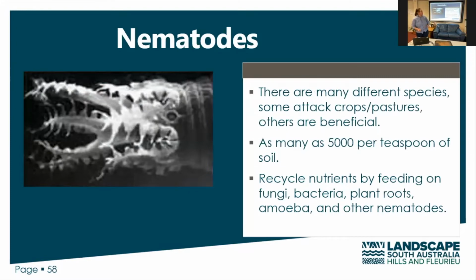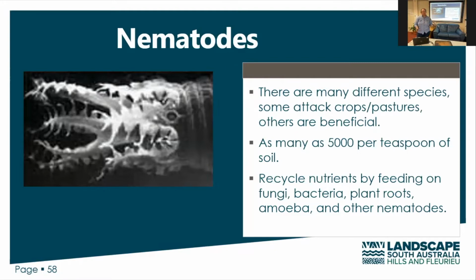Nematodes, believe it or not, this is actually a friendly beast. The picture there is a nematode that eats other nematodes and helps to keep the nematode population under control. There's a lot of different species. Some will attack crops and pastures.